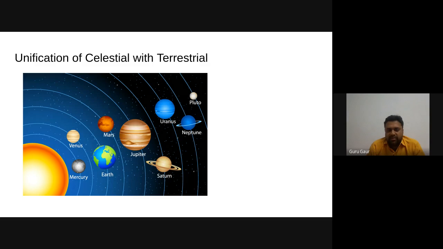So basically this gravity is not present only on the Earth. This was a kind of unification of the laws which govern the phenomena happening on the Earth and phenomena happening outside the Earth. So this is a picture of the solar system.